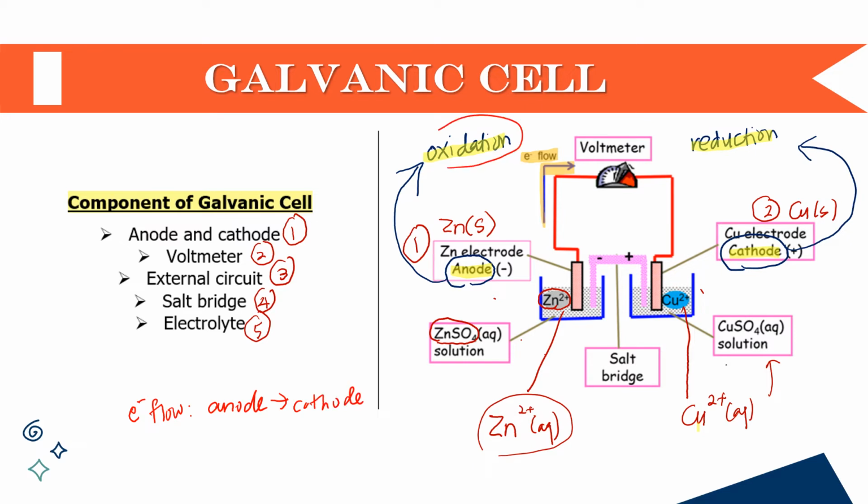Because the oxidation process here will produce electron, so electron is produced at anode. That's why it will flow from anode towards cathode, where the reduction process occurs. The reduction process over here will accept electron. So this is some overview of your galvanic cell.